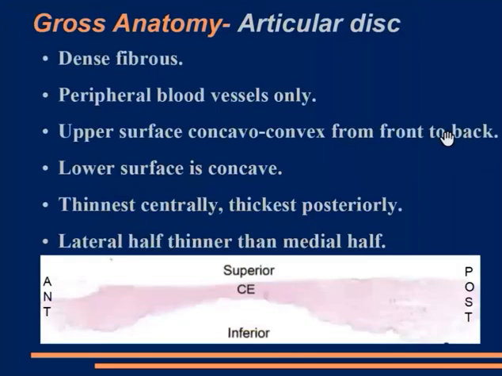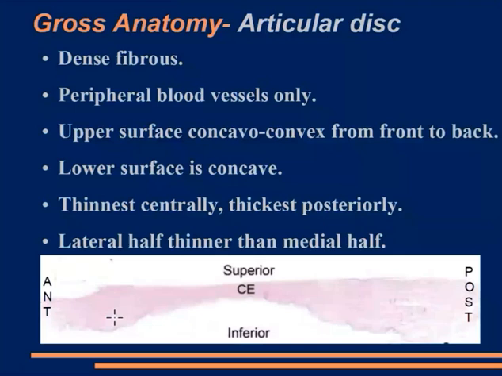The articular disc, anatomically, is dense fibrous. Only at the periphery does it have vasculature and innervation.